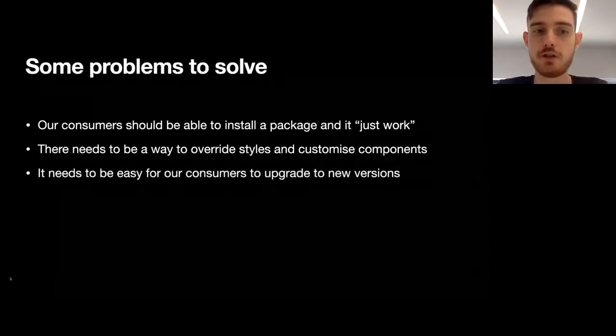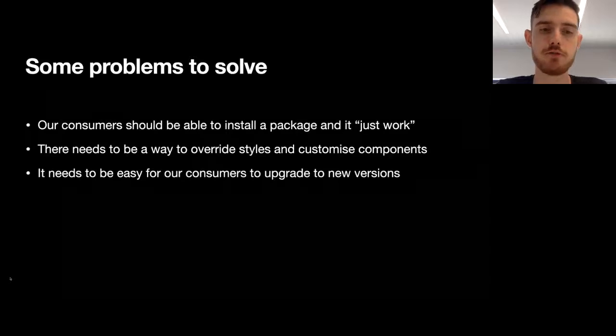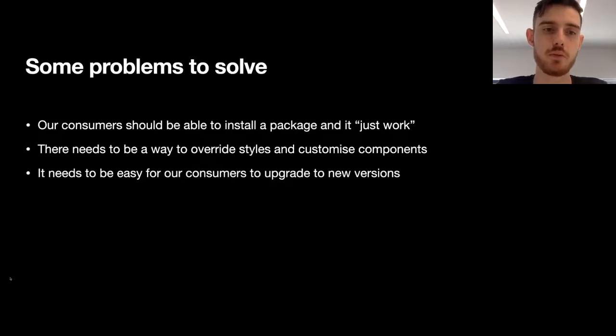It needs to be easy for our consumers to upgrade to new versions. So this is the case with all libraries, but it's probably even more exaggerated with something as visual as what we're building. When you ship a library and you say, add some bug fixes, make some changes, ship a new version, obviously we all want all of our consumers to upgrade to the latest version immediately.